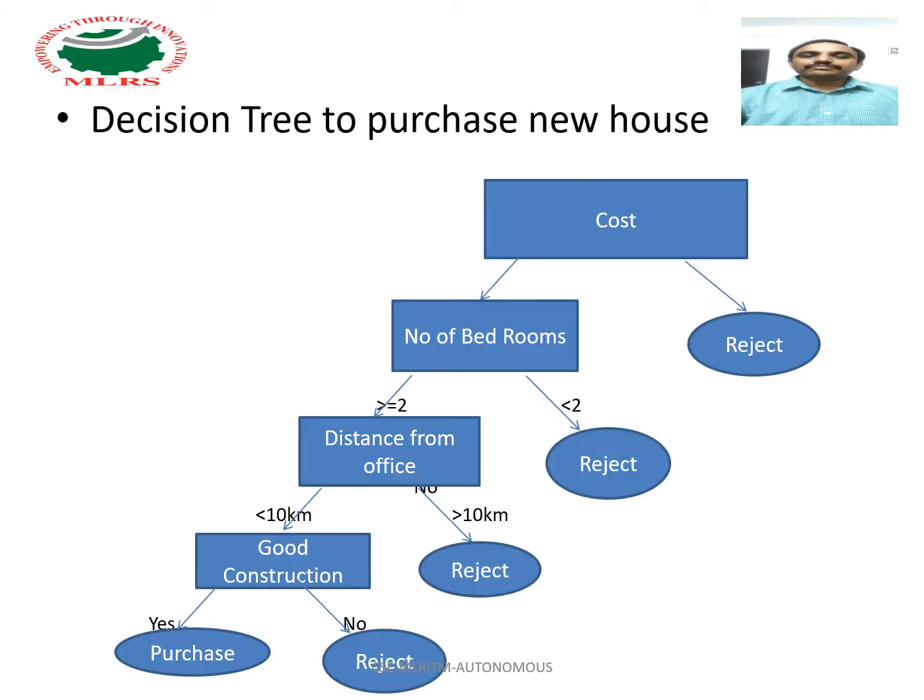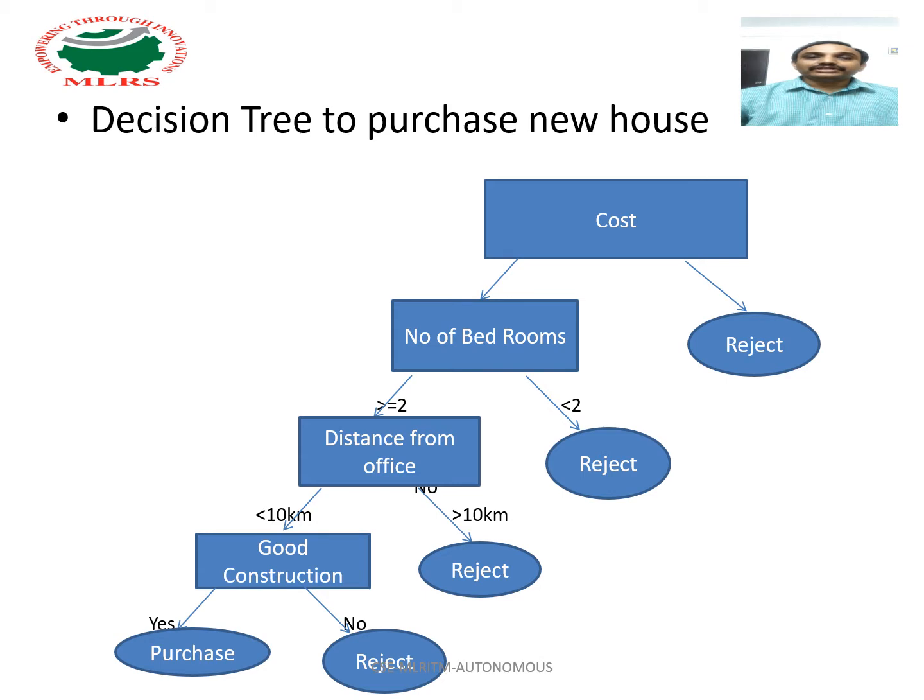Here is an example of a decision tree. The decision tree is constructed to decide whether to buy a new home or not. In this example, attributes are the cost of the house, number of bedrooms, distance from workplace, etc. Each link has a decision rule.